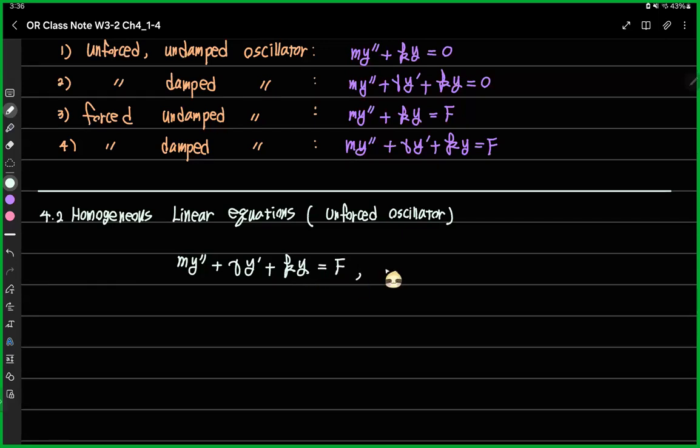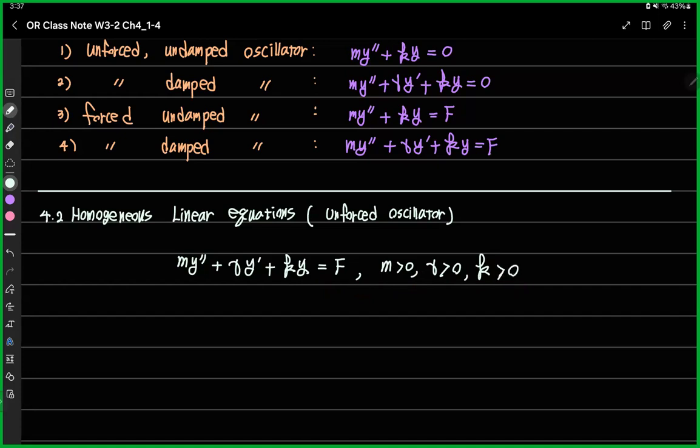We assume that all of the constants, mass, gamma, and k, which is the spring constant by Hooke's law, are positive.